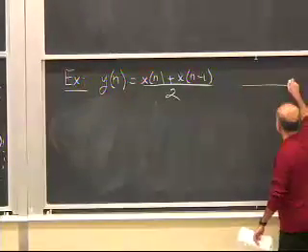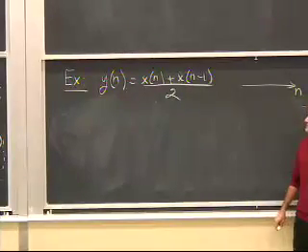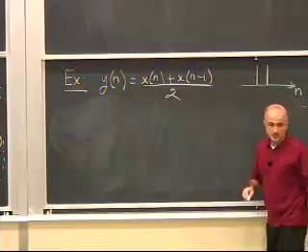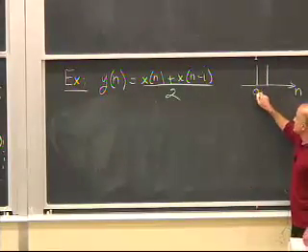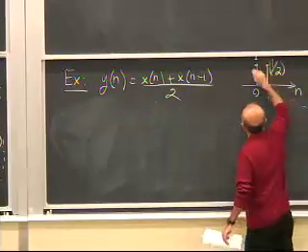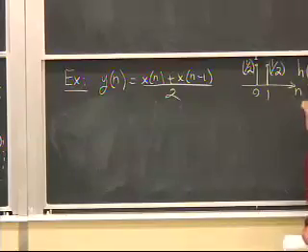What's the impulse response of the system? Two spikes. Where and where? 0 and 1, and height 1/2. So this is the impulse response of this system.